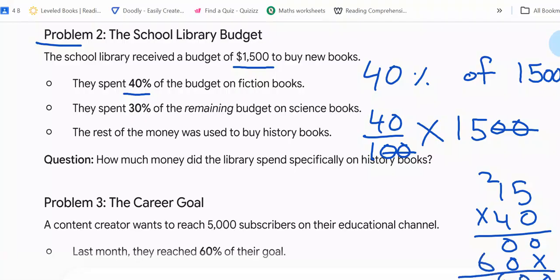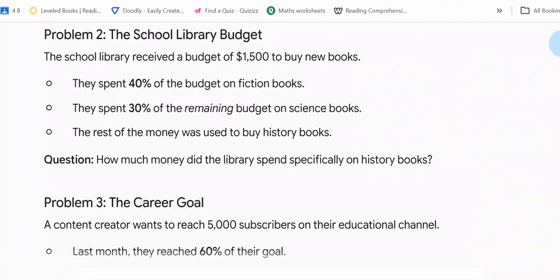So it is 600. 40% of 1500 is 600. It means that the librarian spent, sorry, I said wrong. It's actually he spent $600 on buying fiction books.